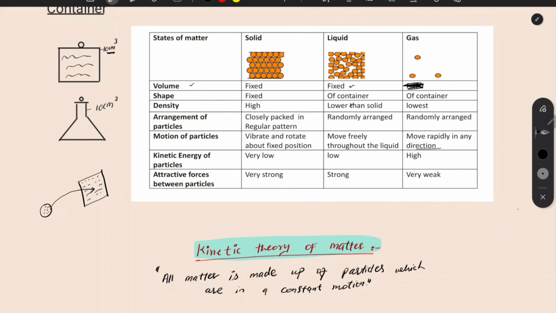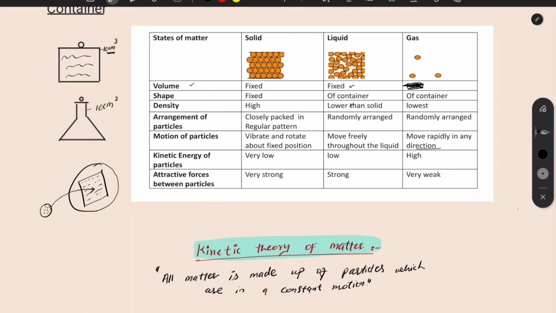So basically, the volume of gas is actually the volume of the container. So the volume of gas is not fixed; it depends on the volume of the container.